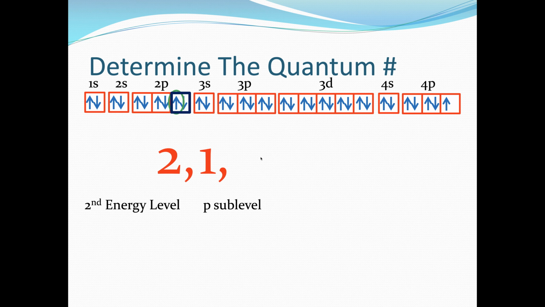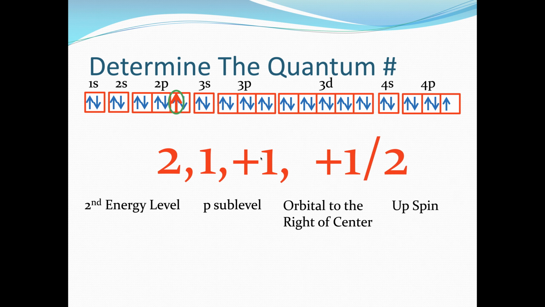And we go more positive as we go to the right. So that's +1. And it's the up arrow, and being the up spin gets a quantum number of +1/2. So the 4-digit code for that electron is 2, 1, +1, +1/2. The electron next to it would be 2, 1, +1, -1/2.